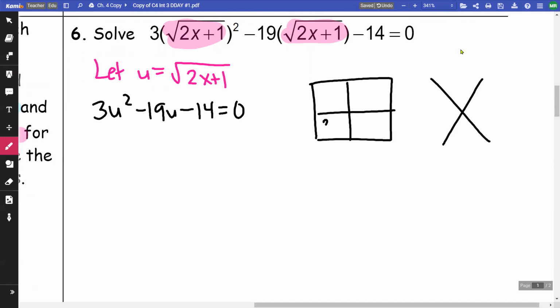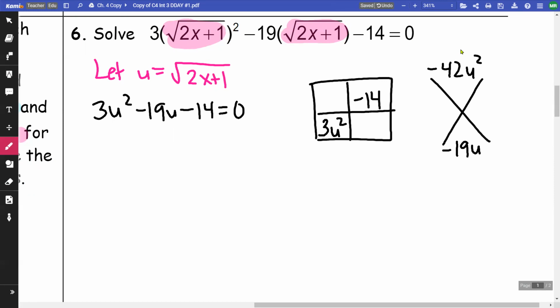So in my box, I'm going to have a 3u squared and a negative 14. And if I take 3 times the negative 14, I'm going to get a negative 42u squared. And it also has to add to a negative 19u.